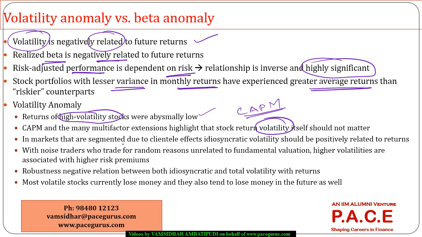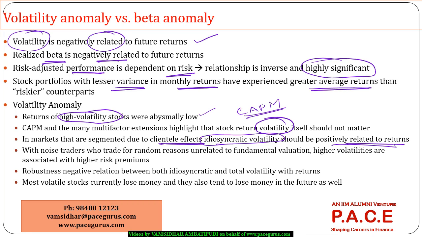Especially in markets where there is a lot of segmentation because of clientele effects, the idiosyncratic volatility, which is more and more individual investor specific volatility, is positively related to the return. So some individuals with more knowledge of information, or no knowledge, or little knowledge of information, are what contribute to the clientele effect. When the clientele effect is very high, those individual specific risks that are being taken result in higher positive expected returns.